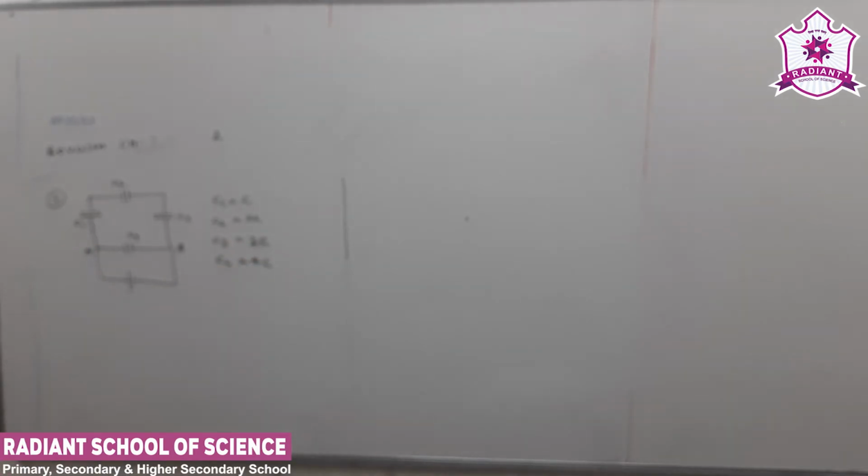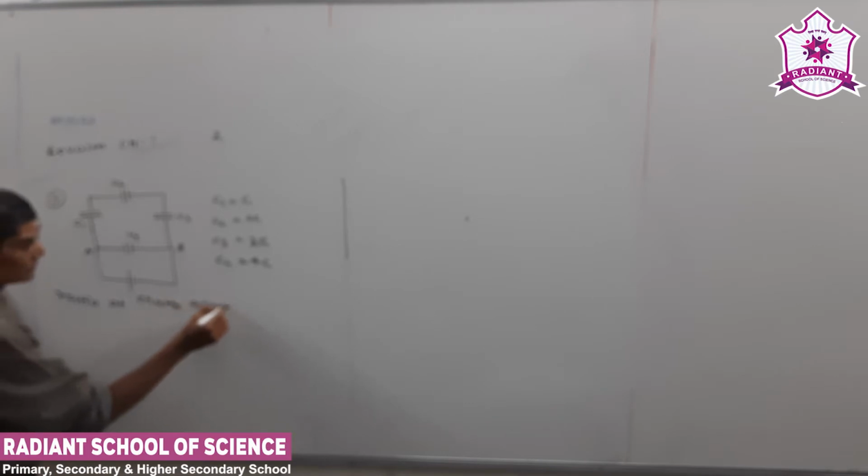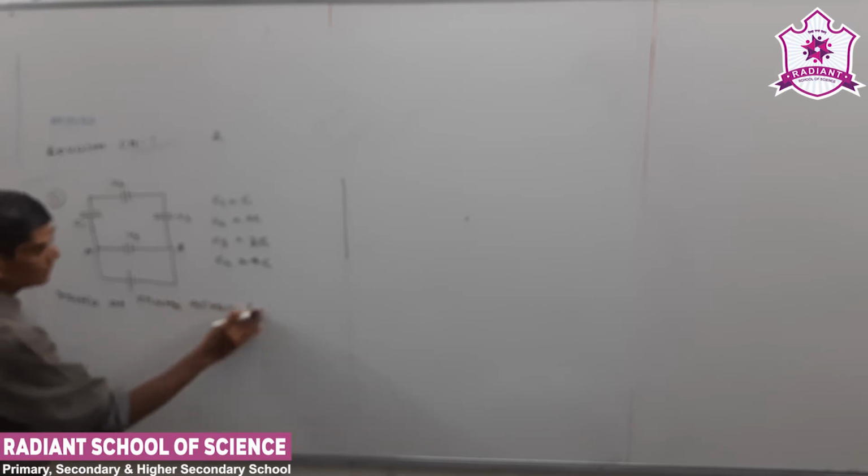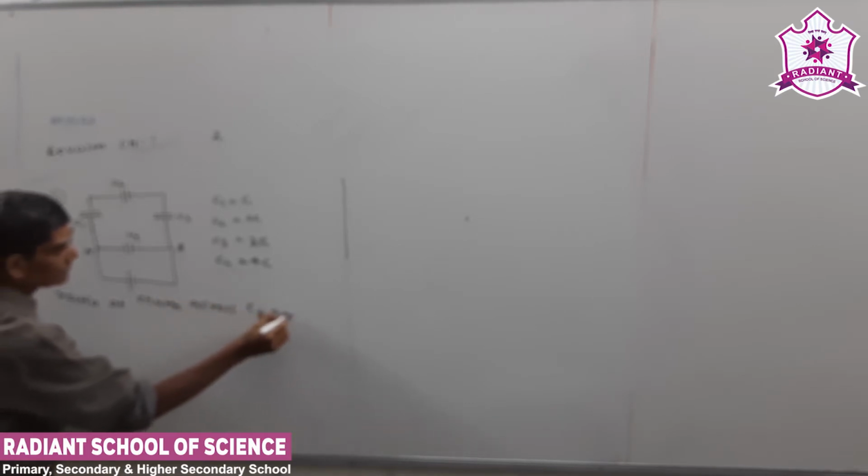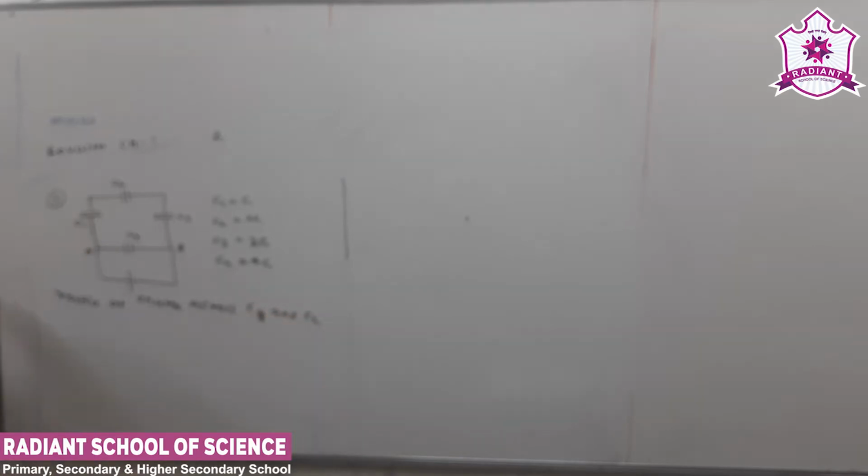We have to find out the ratio of the charge across C4 and C2. We have to calculate the ratio of the charge across C4 and C2 in the given condition.